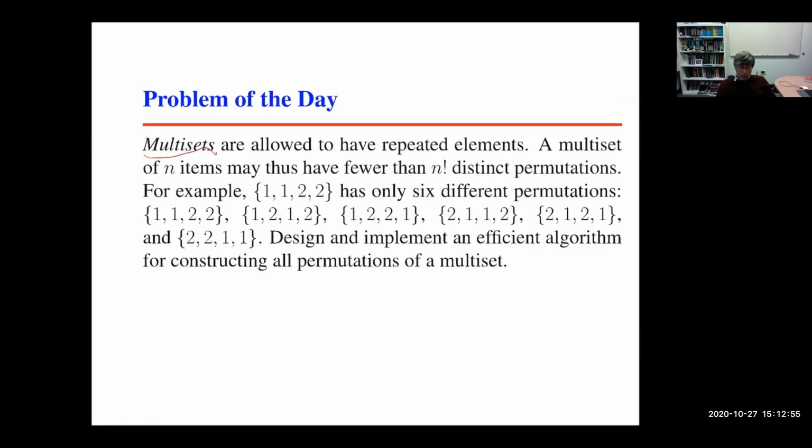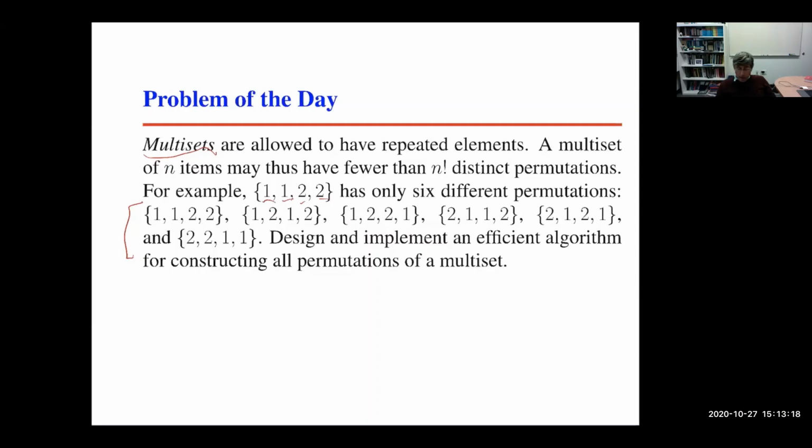Because there are duplicates, there may be fewer arrangements of those elements than n factorial. In this case, if we have the elements 1, 1, 2, 2, these are the 6 permutations. There are only 6 permutations, not 24 different arrangements of the multi-set.